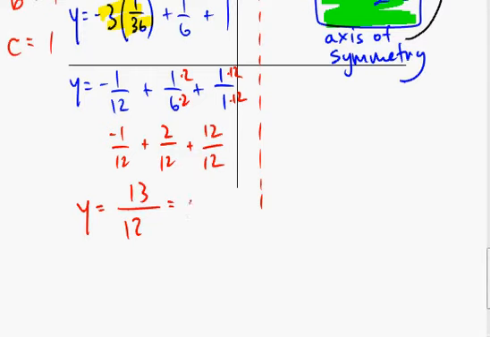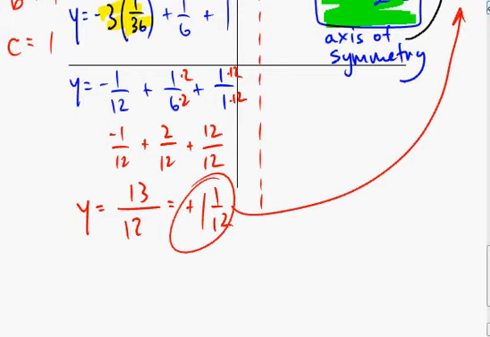Right? Or a positive 1 and 1/12. What is that we just figured out? The y value of the vertex. Good. So that is what's up here.